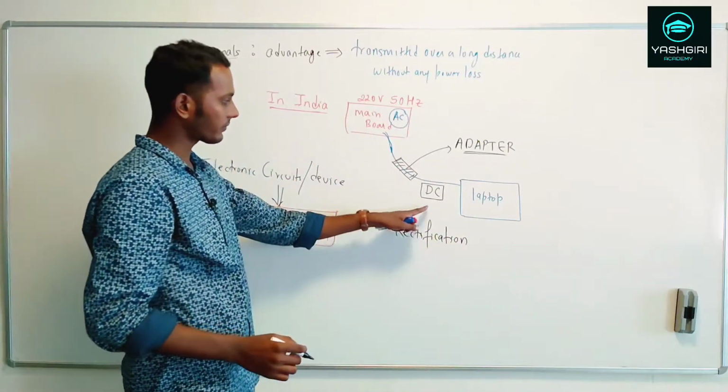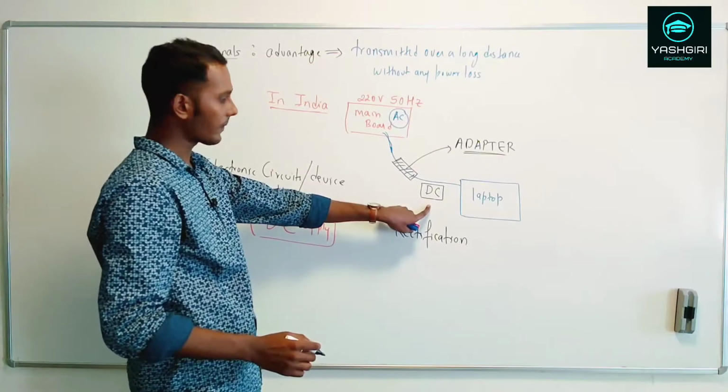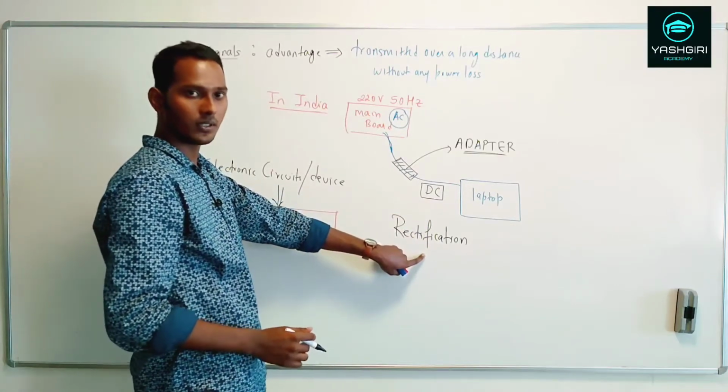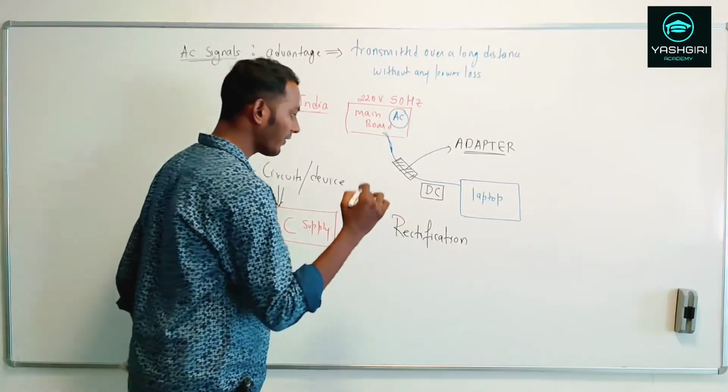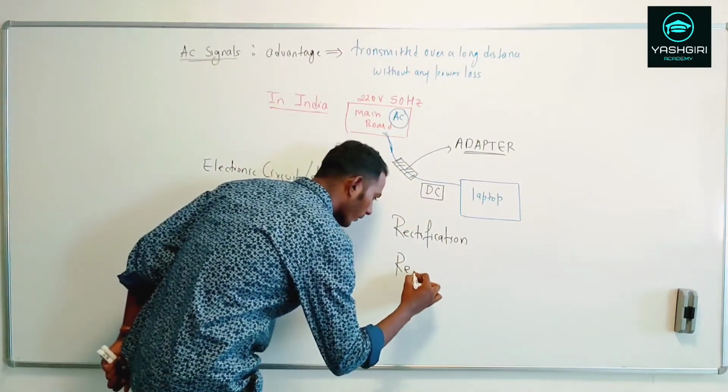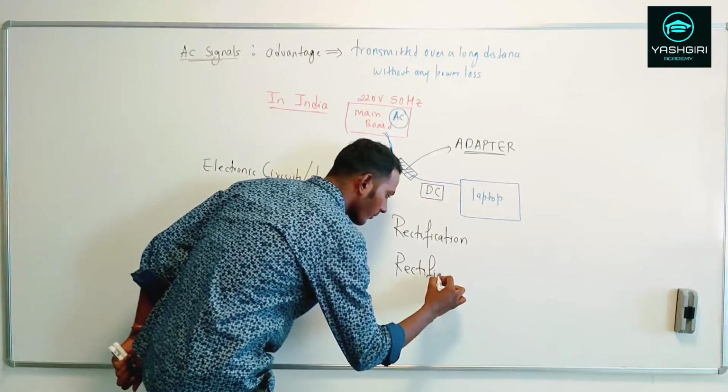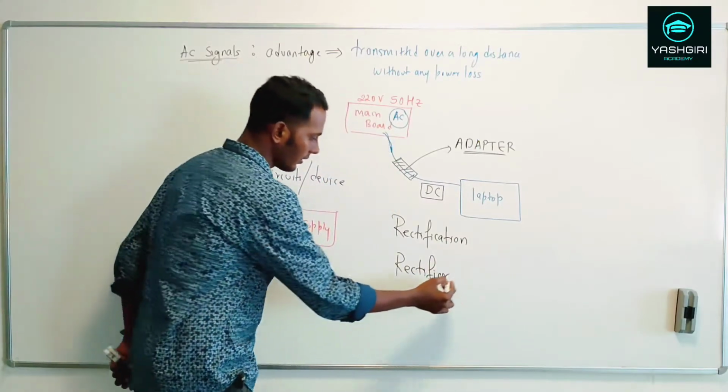And the device used in this rectification process, or in converting AC to DC, we call a rectifier.